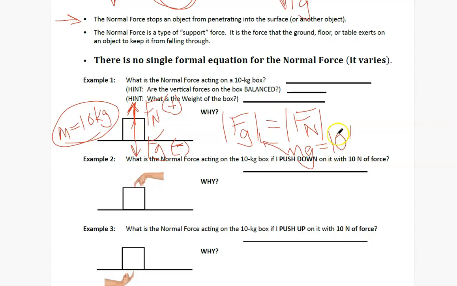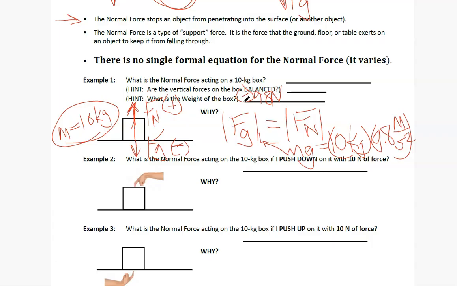So 10 kilograms times 9.8 meters per second squared. Our answer is going to be in newtons. 10 times 9.8 is 98 newtons. That's our weight. And if we want to be specific with our signs, we can just remind ourselves in parentheses that's a negative force. It's pointing downward.